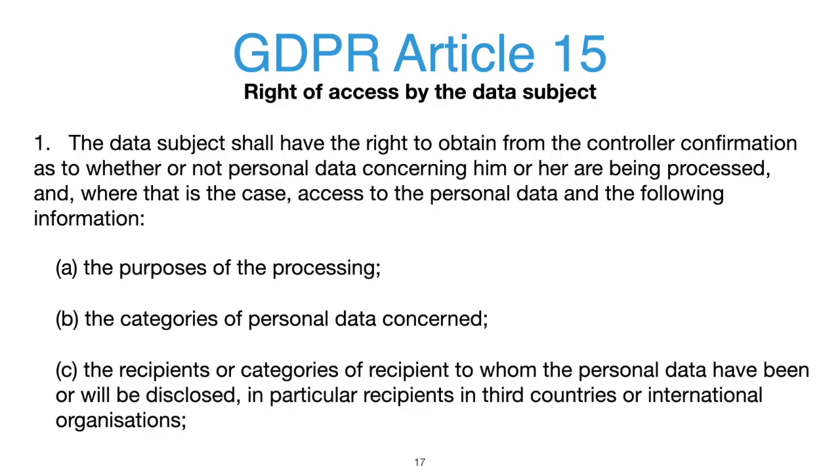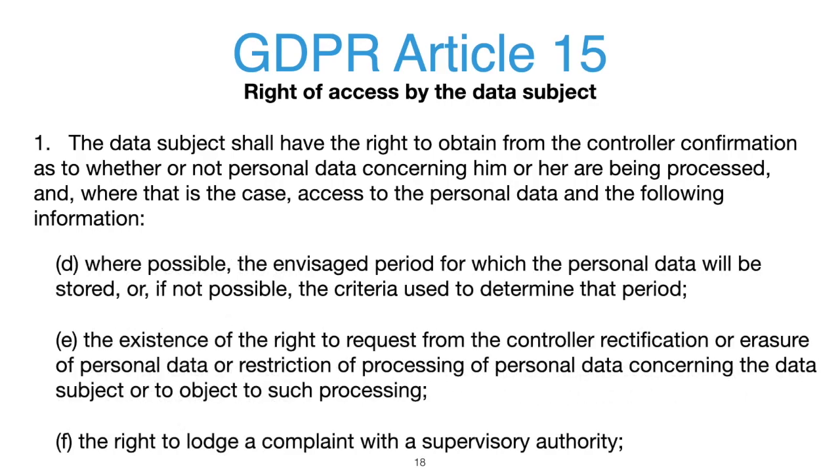If you are processing information about me, then the next questions that follow are the purpose of the processing, the categories of personal data concerned, the recipients or categories of recipient, and whether or not those recipients are in third countries. The data subject is entitled to know for how long the data will be stored, and also about their rights and their rights to complain.